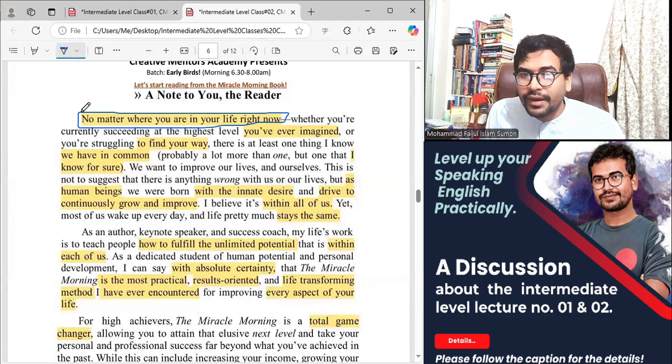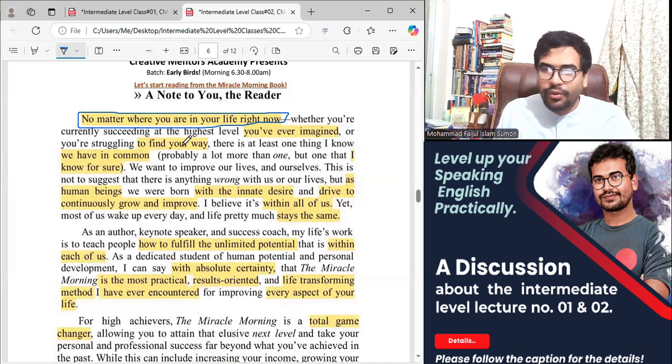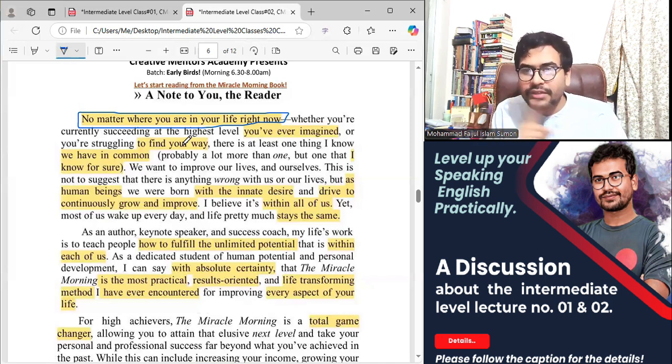So why have I highlighted all the terms on this page? Because you can use all the terms for different purposes while you are speaking about other topics, or any different topics. So let's check it: you've ever imagined. We can use it or not.